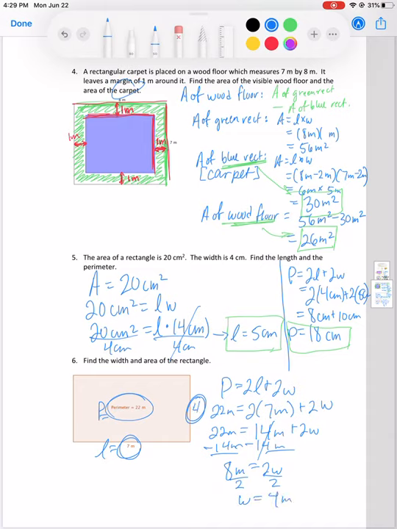Okay, so once we do that, we're going to label it into our picture. And now I need to know the area. The area is going to equal length times width, which in this case is 4 meters times 7 meters, 28 meters squared. Okay, and so that's what they were looking for in these ones.